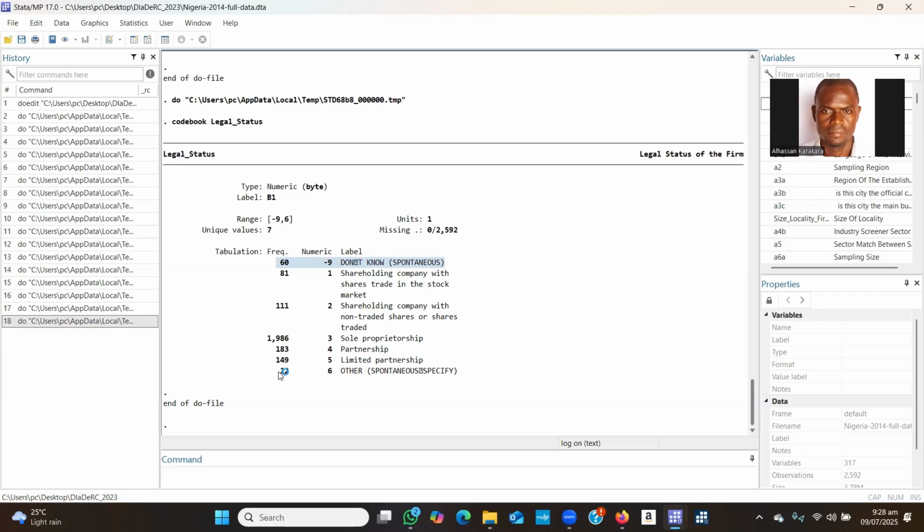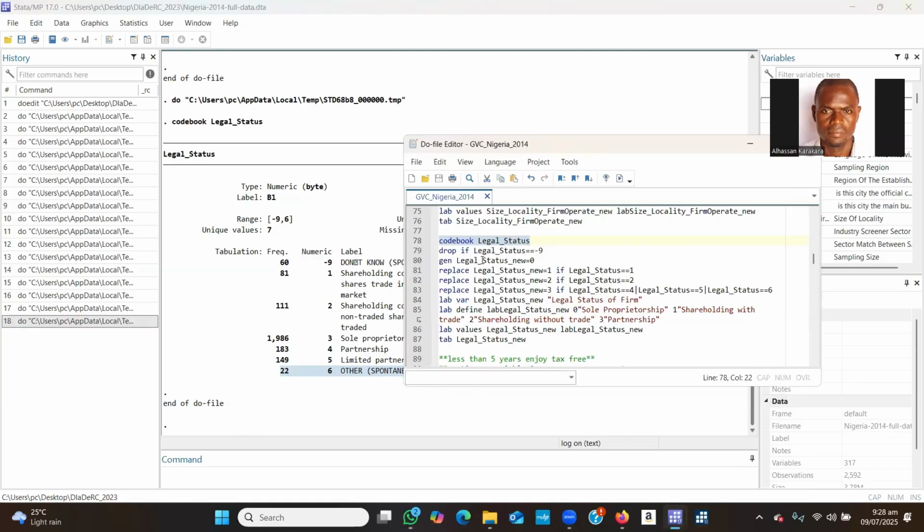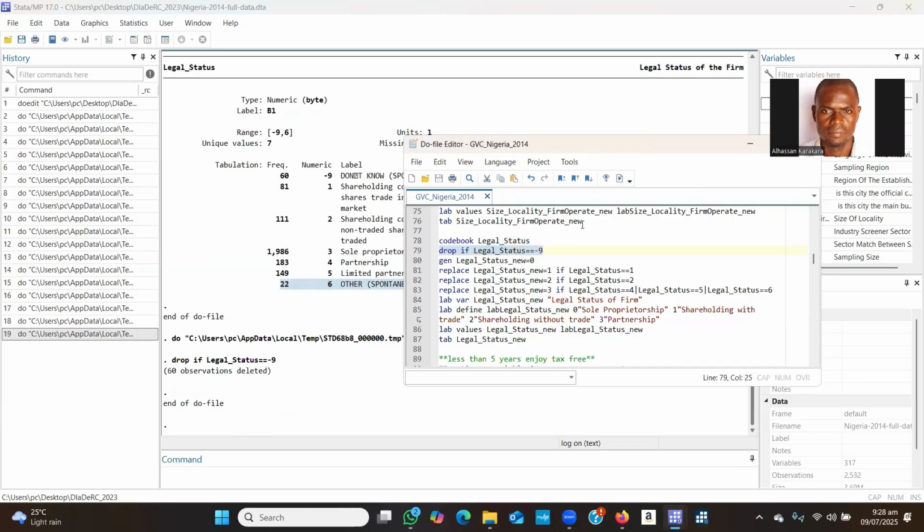If you are also not sure of these guys who say other, and your interest is only on shareholding, sole proprietorship and partnership firms, then you need to drop these guys too, because they are not part of the categories that we have. So in my study, I decided to drop the legal status don't know guys, which is the 60.